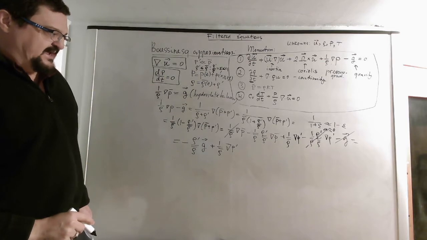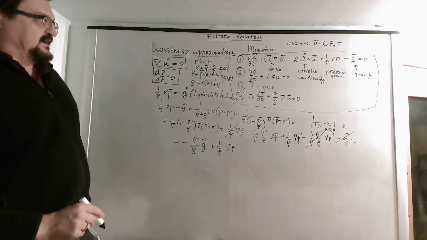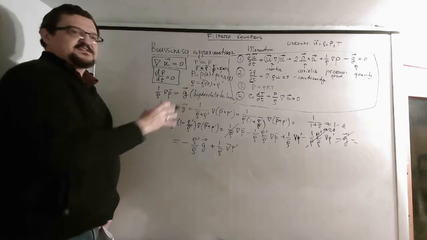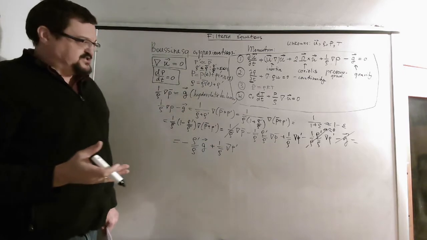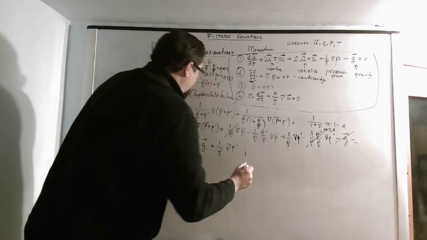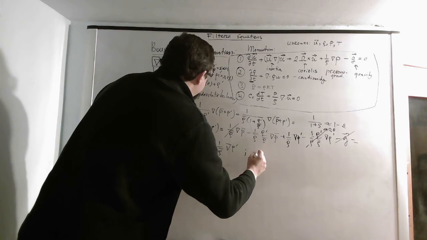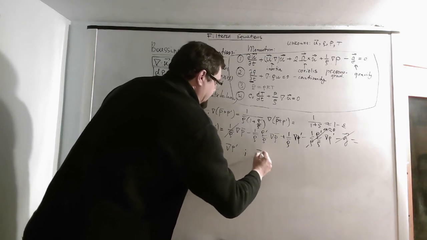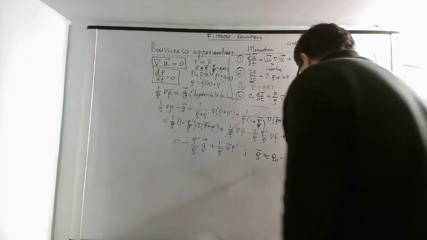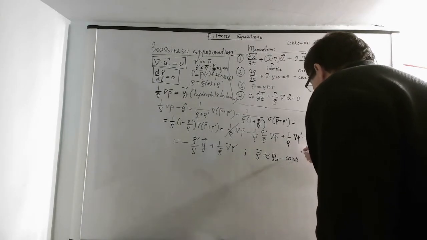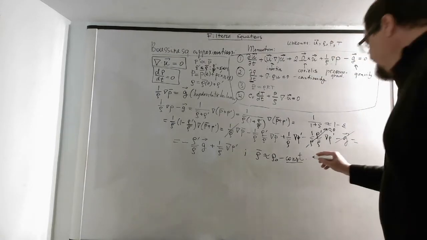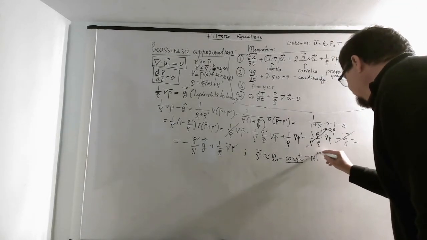Now we can make it even simpler by assuming that rho does not change much in the vertical. So we assume that rho bar is approximately some rho naught, which is constant. This is the reference density.